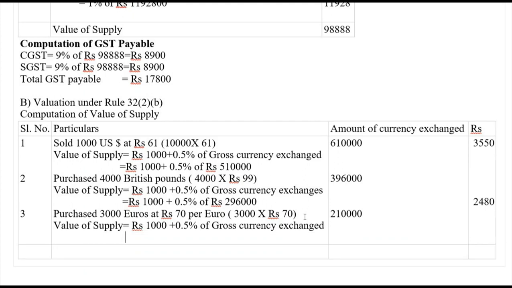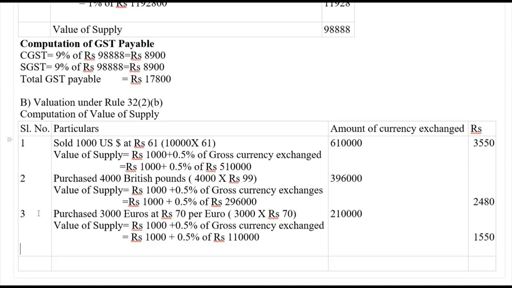When we substitute the values, we get rupees 1,000 plus 0.5% of 1,10,000, that is 2,10,000 minus 1 lakh, which comes to rupees 1,550.